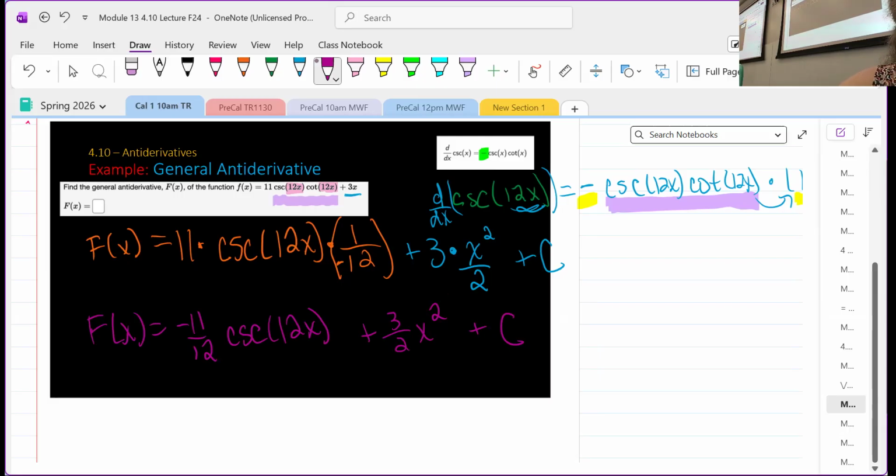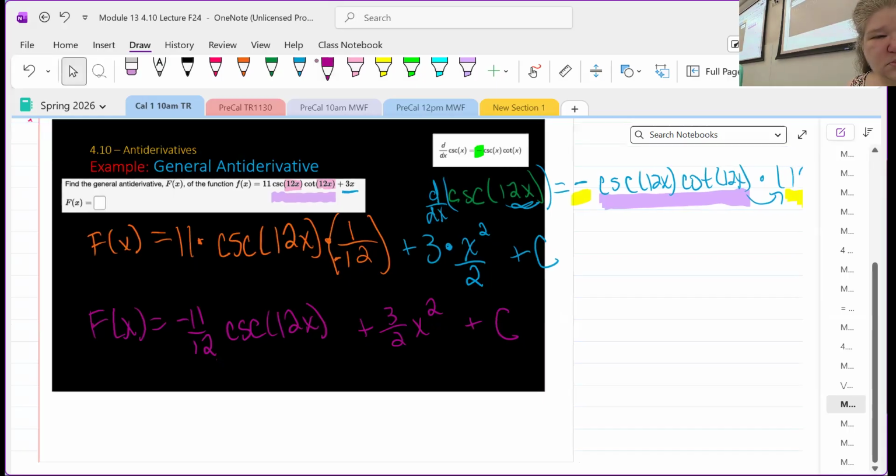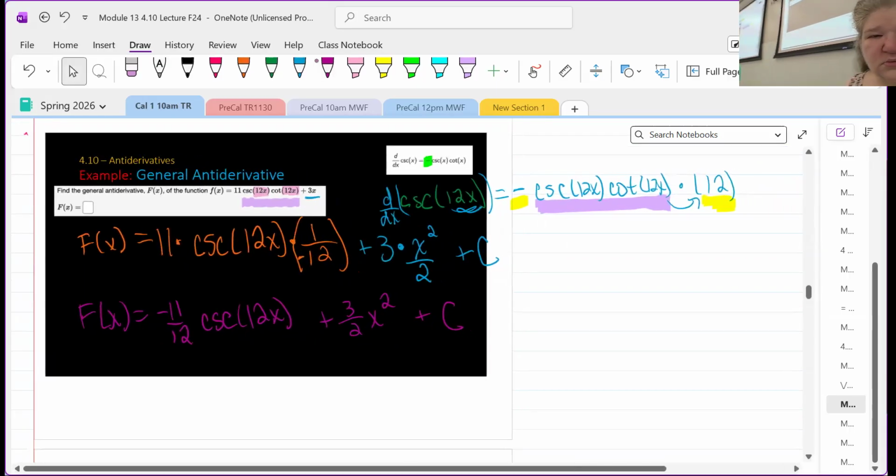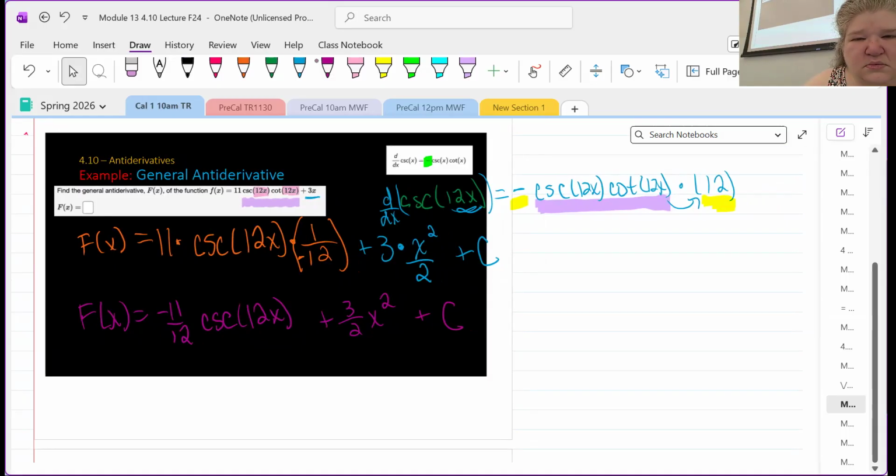So yeah, it looks like all the numbers will work back to what we originally had. Now, what we're kind of hand waving and inside out doing here is a u substitution.